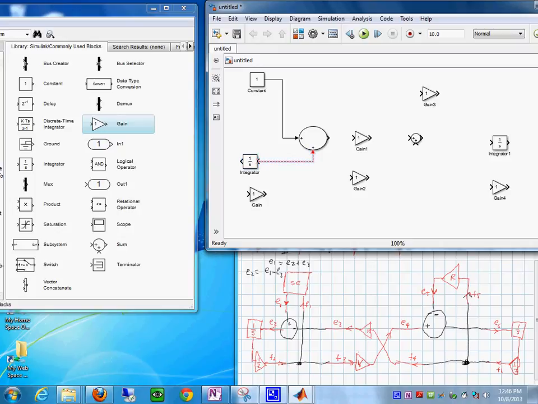Oh no. Something is not happening here. I try to connect an output to an output, or an input.